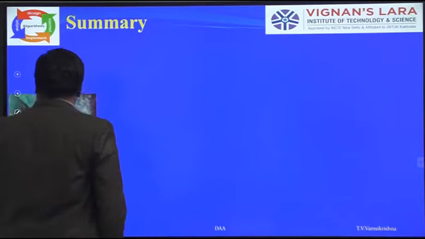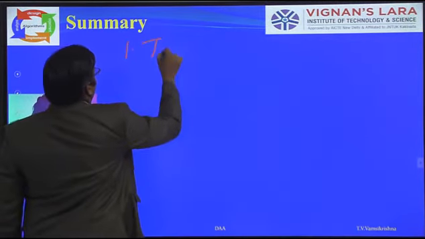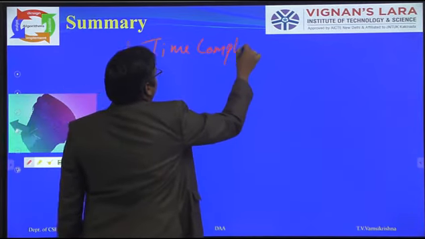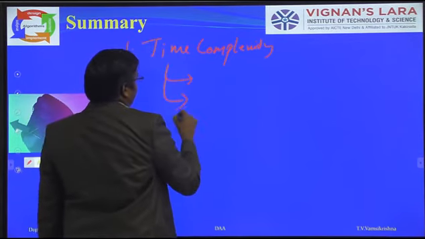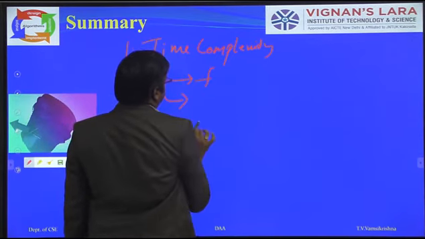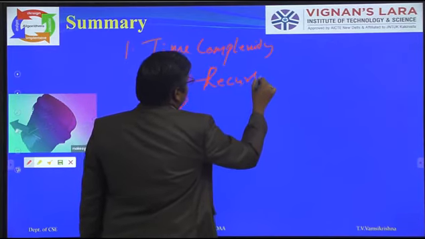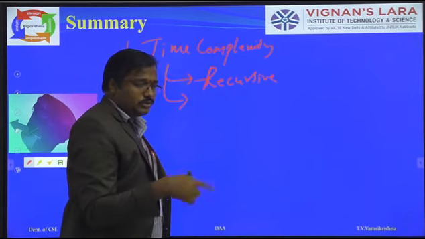So, summary. In today's concept, first we talked about time complexity. To find the time complexity, two different kinds of methods are there. One is the recursive substitution method. Count is a variable, and we substitute the count variable recursively.